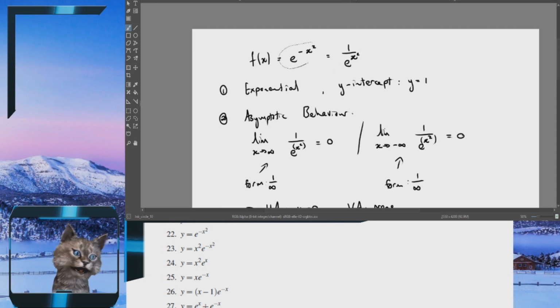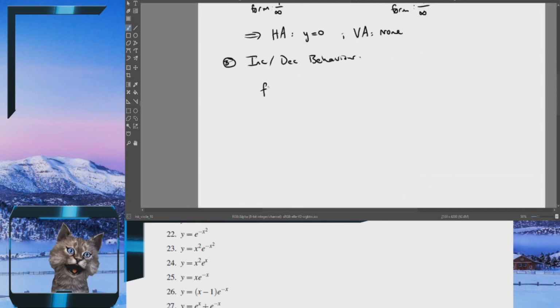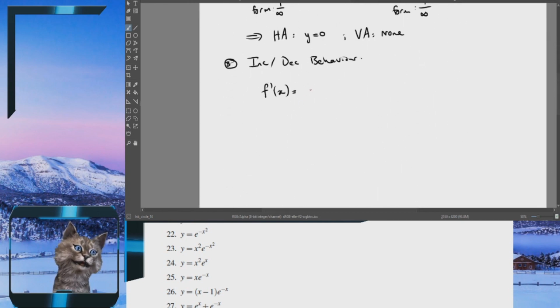I'm going to look at this version, because taking the derivative of an exponential function with a chain rule is not so bad. So, looking for the derivative, it's e to the something. So the derivative is e to the something times the derivative of that something.